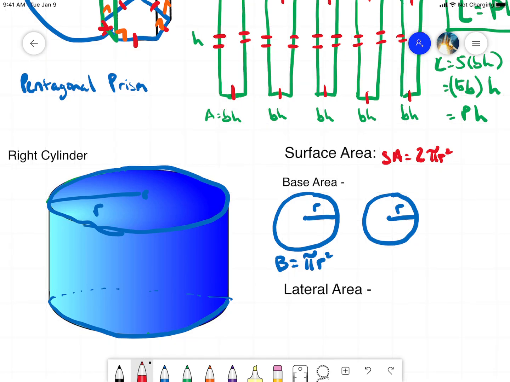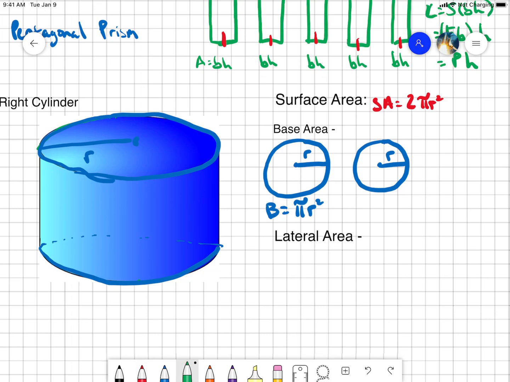Now let's look at the lateral area, though. This lateral area is going to seem a little bit different because the last one we had a bunch of parallelogram faces, and it was really easy to calculate what each parallelogram was. If I want a visual of what this face looks like in 2D, think about a can.